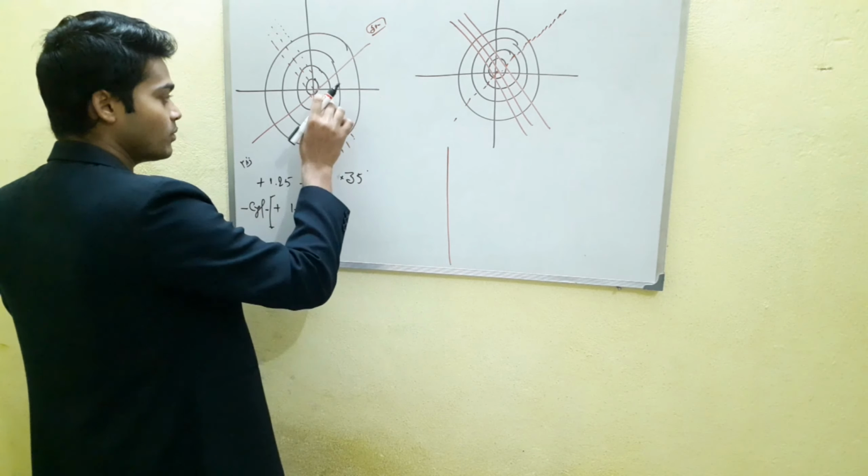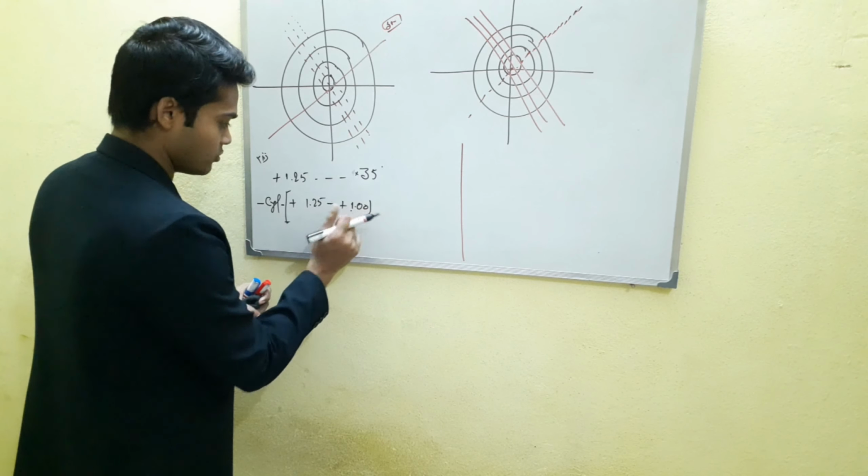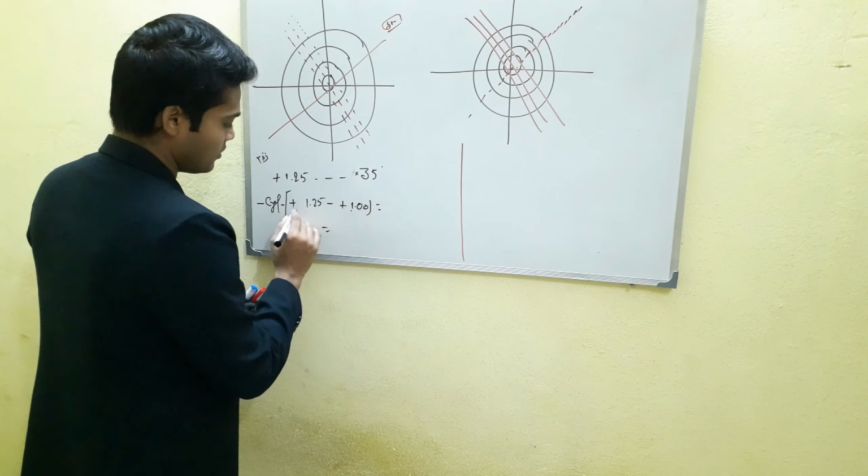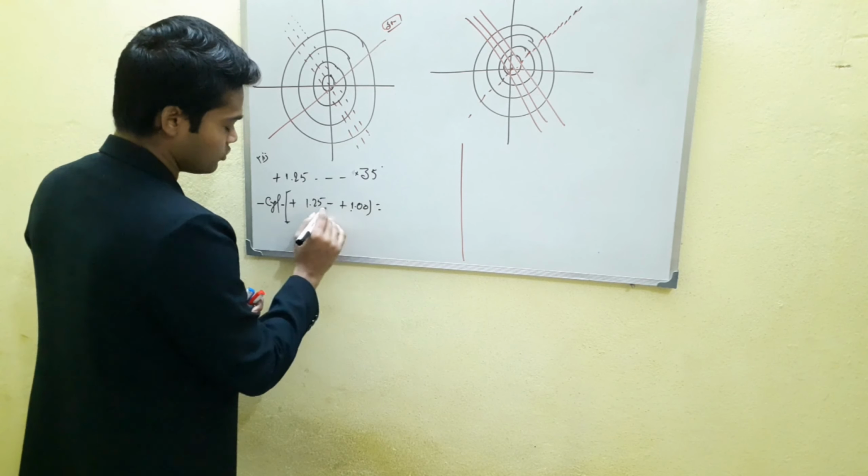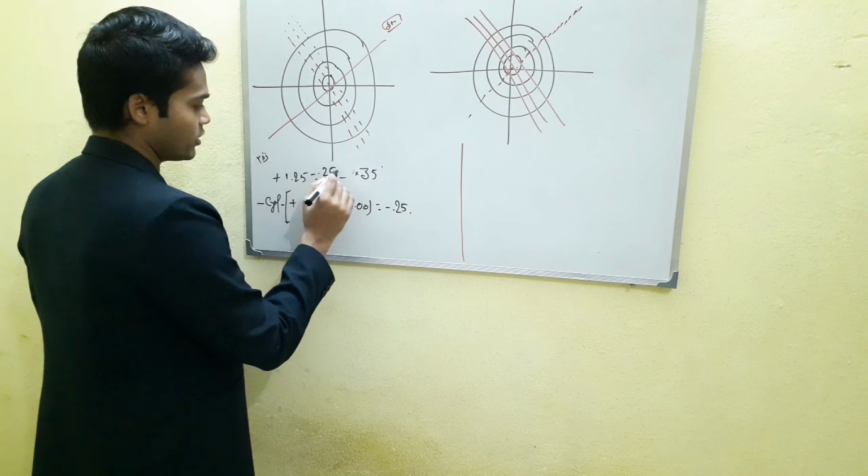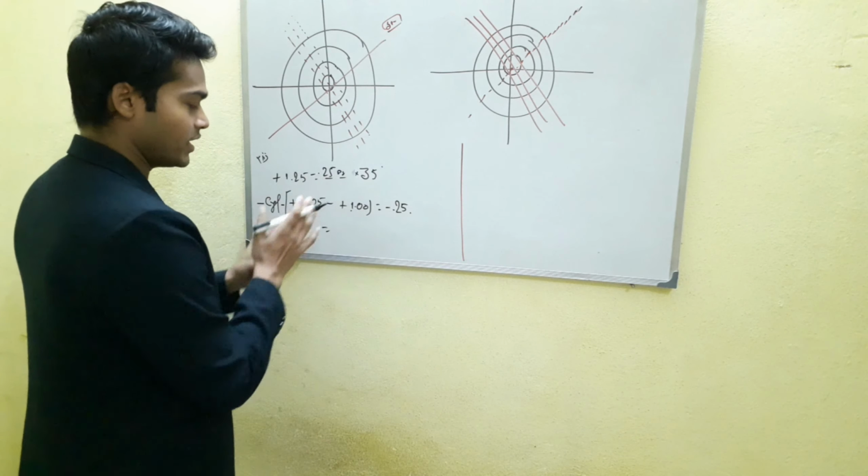Calculating according to the sign, we got minus 0.25. So simply you can write here minus 0.25 by 35. This is the one method.